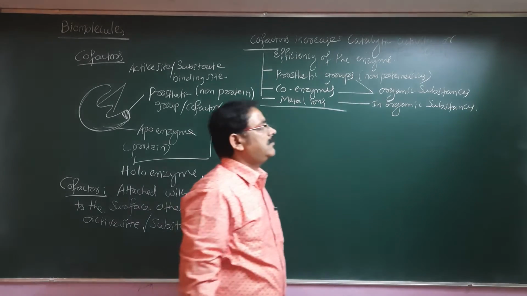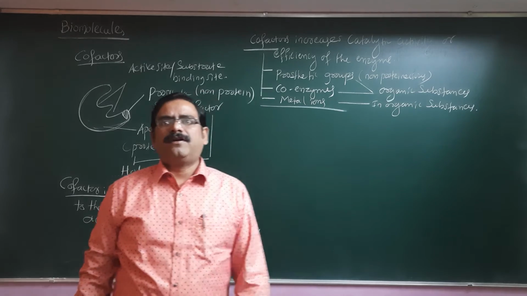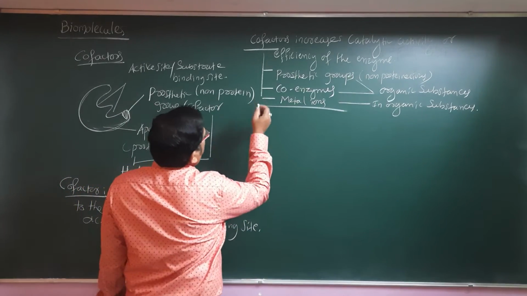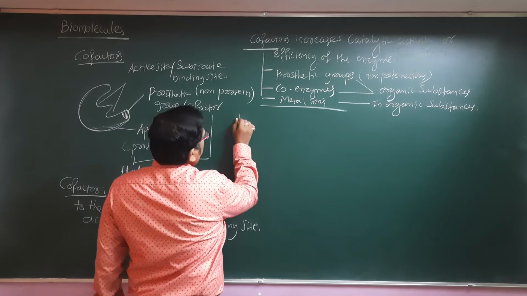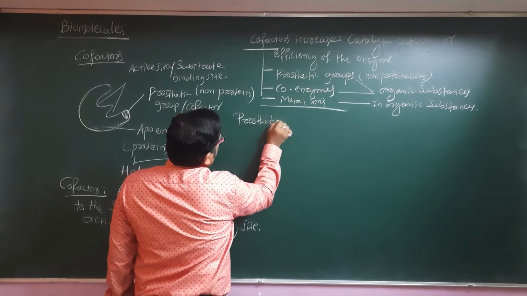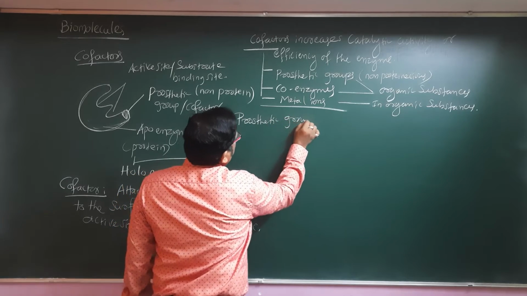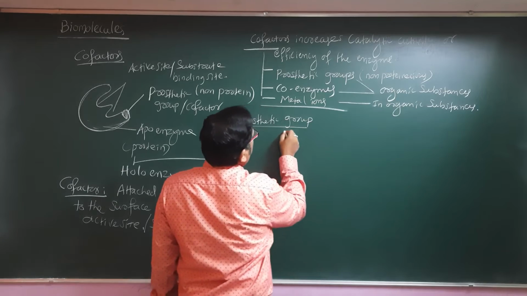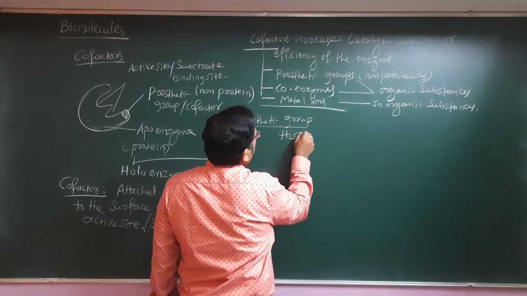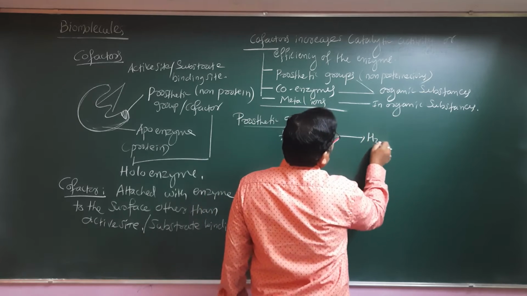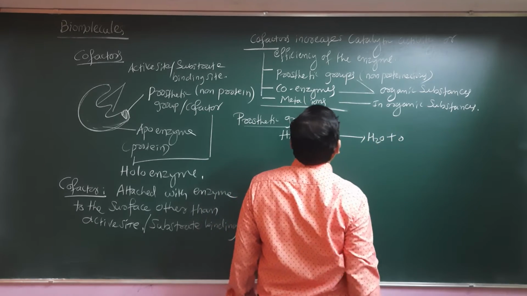Let me give you a simple example for the prosthetic group. Hydrogen peroxide, H2O2, can be converted into H2O plus monooxygen.